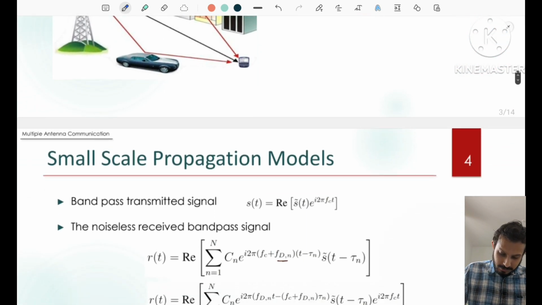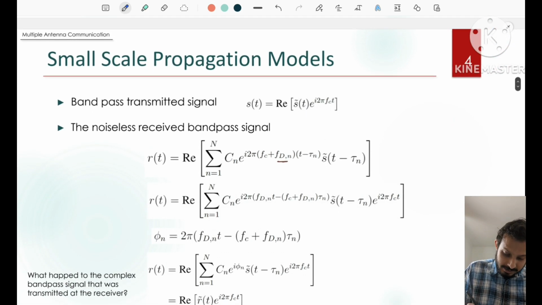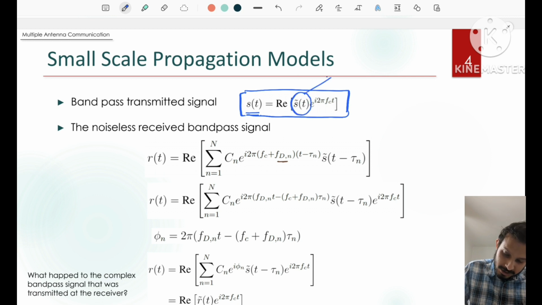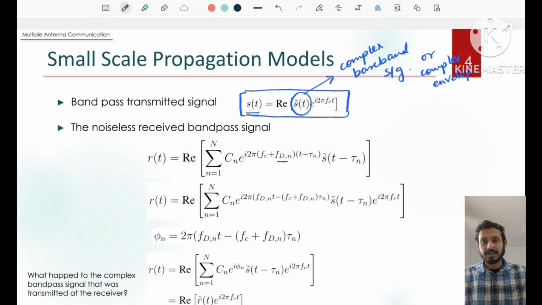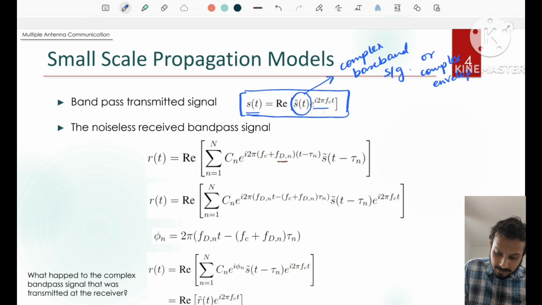So let's say we have transmitted a signal. This is the bandpass signal from the transmitter, and this signal is represented by s(t), which is equal to the real part of s tilde(t), the complex baseband signal or the complex envelope of the transmitted signal, times the carrier.